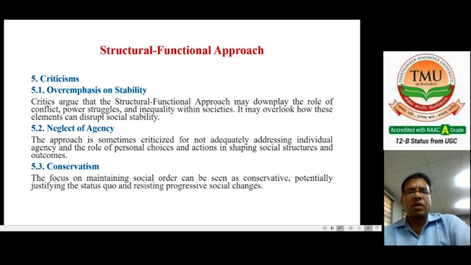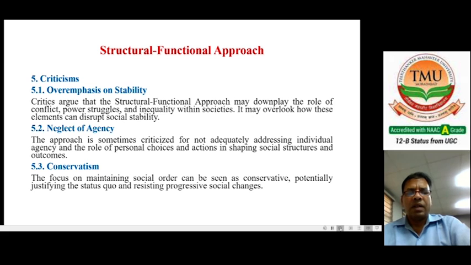Second, a criticism of the structural functional approach is neglect of agency. That means the approach is sometimes criticized for not addressing individuals' agency and the role of personal choices and actions in shaping social structures and outcomes.